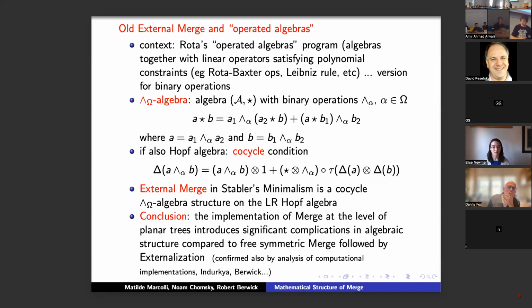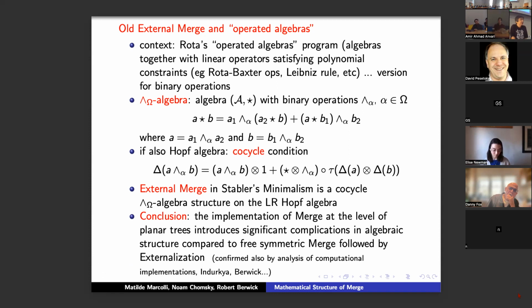So in the new version of minimalism that I discussed before, external and internal merge are particular cases of one operation. They come up as the leading order term with respect to that grading that I described, so the minimal search, but they are special cases of one single operation, which is kind of what you would like.